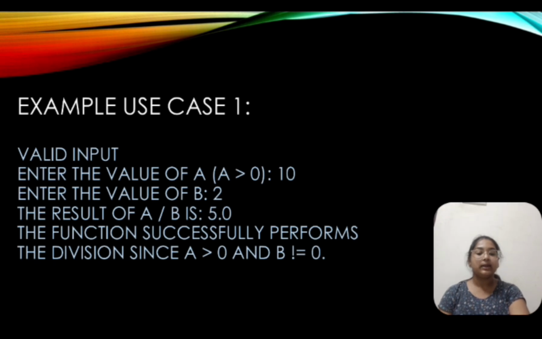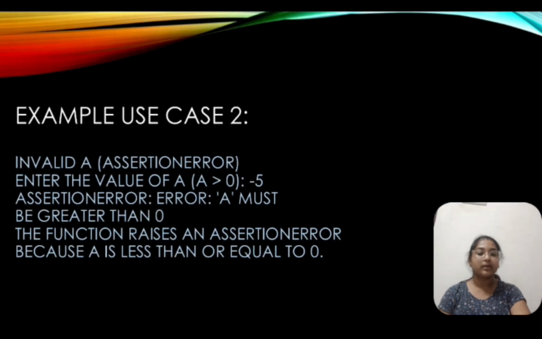So next, let us see example on case 2. So example used in case 2. So in case 2, we have invalid assertion error. So when we enter the value of A, that is A should be greater than 0 as minus 5, the assertion error is that A must be greater than 0.